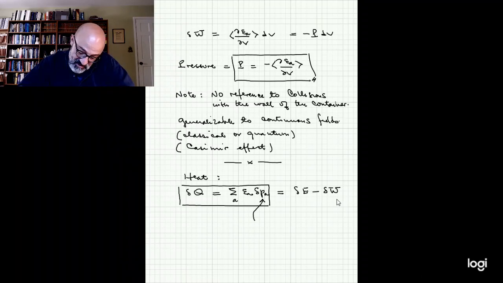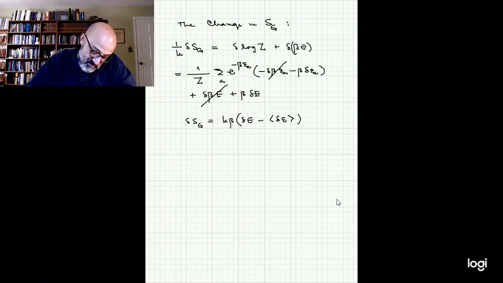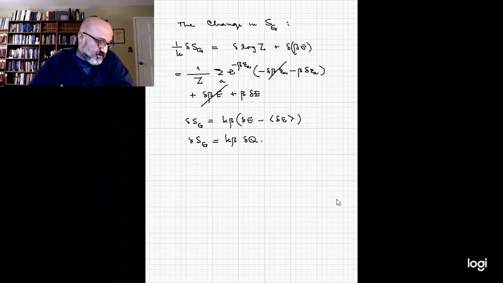This is the change in the expected value minus the expected value of the change. So what we have is that delta S is k beta delta Q.